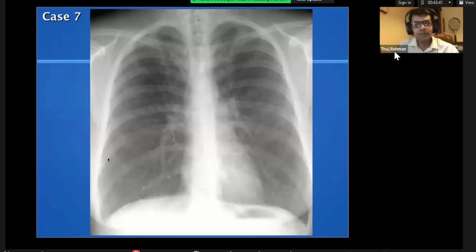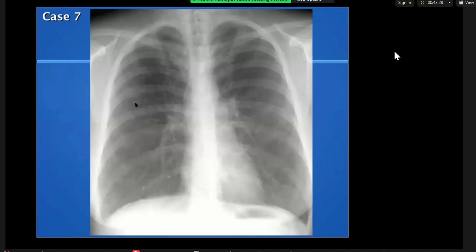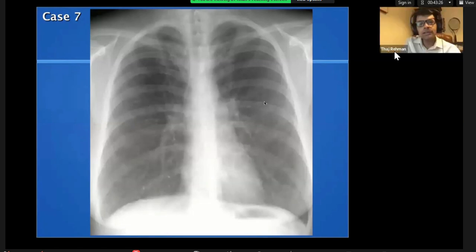Very good. Just for the benefit of everybody, multiple cystic spaces. You can also describe them as multiple reticular opacities. So a lot of crisscrossing lines.